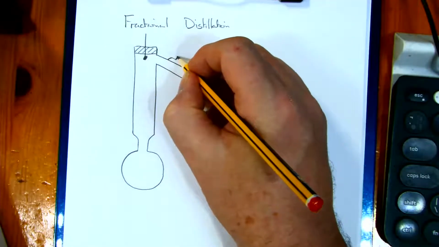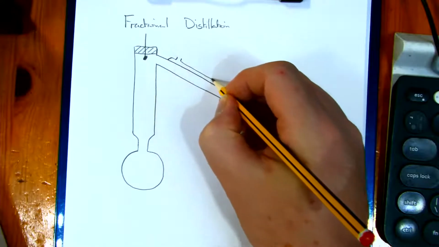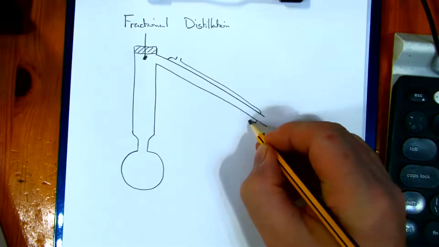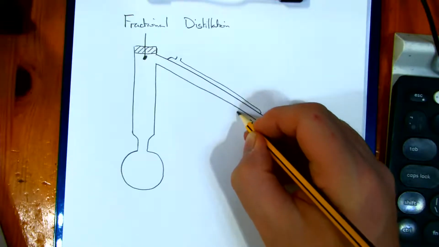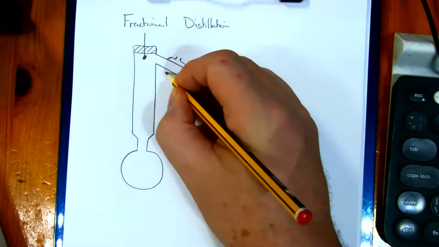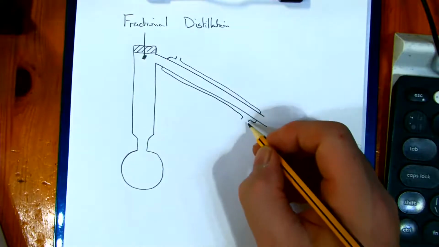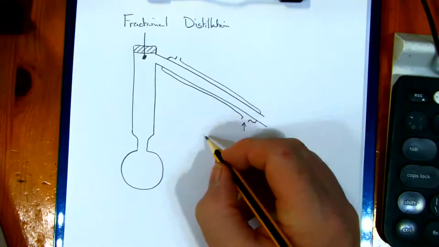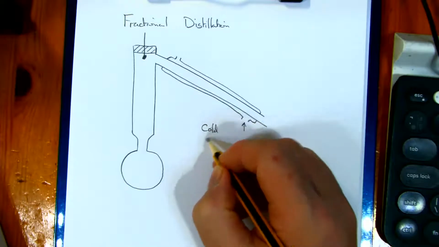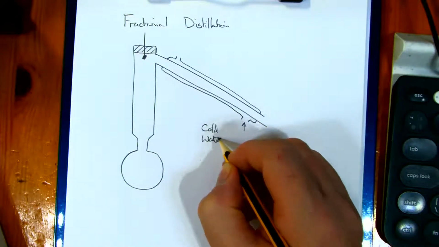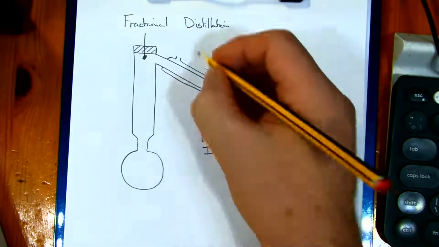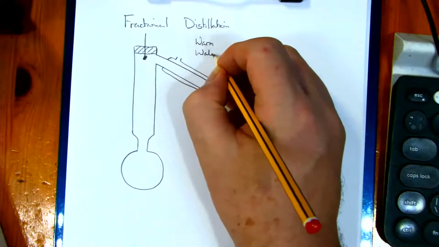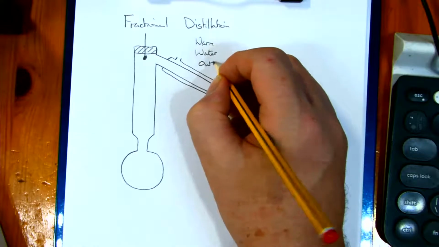These are often called Liebig condensers. I almost leave it to your imagination to wonder why it's called a Liebig condenser. Probably something to do with a Mr. Liebig. And we put in cold water, just exactly the same at the bottom, and we find that warm water comes out at the top.